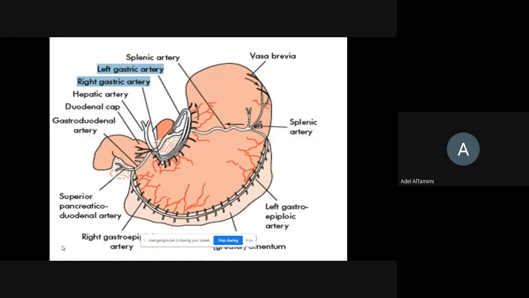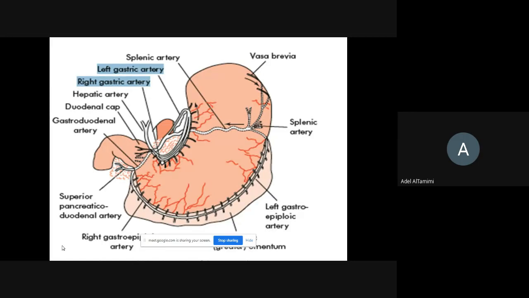Quick review of the anatomy of the stomach. The stomach is composed of a big muscular sac composed of three important layers, starting from the inner mucosal layer, followed by the muscular layer, and then the serosal covering.